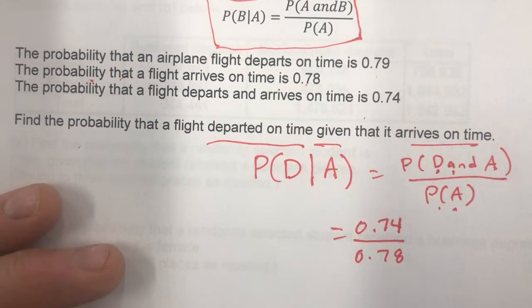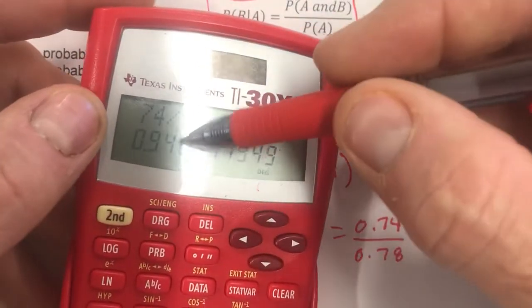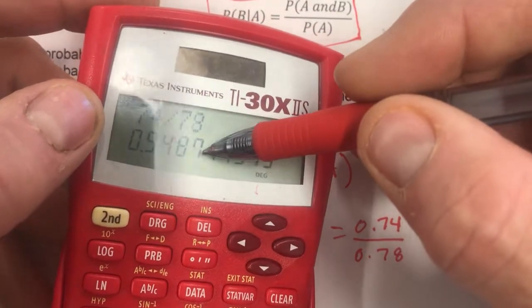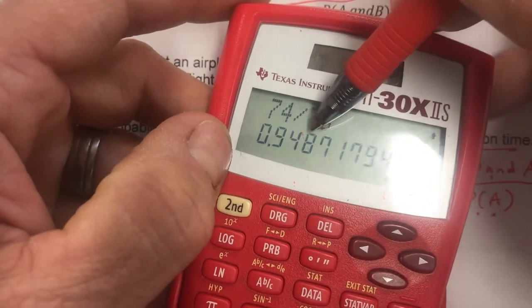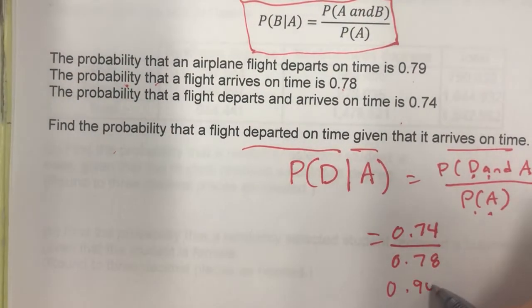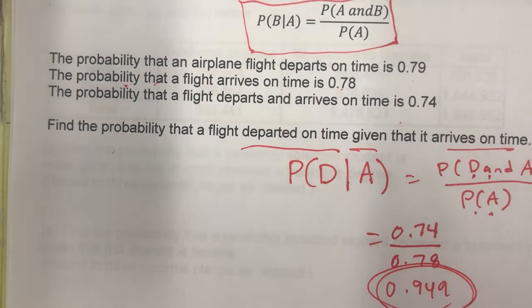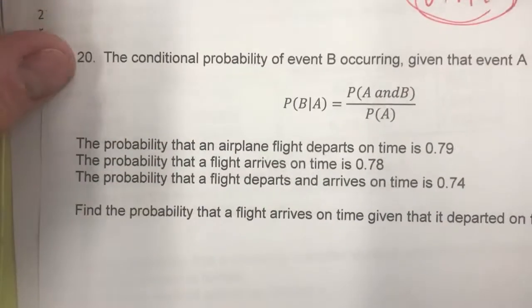And I just divide those. Right there, 0.9487. Can you see it there? 0.9487. The 7 makes the 8 go up to 9, so it's 0.949. That'd be it. Okay. What about this one here?